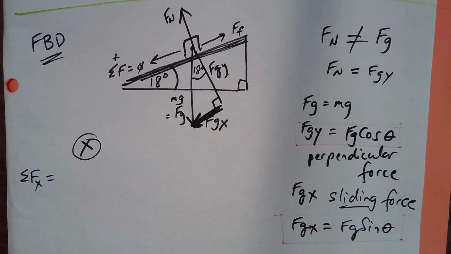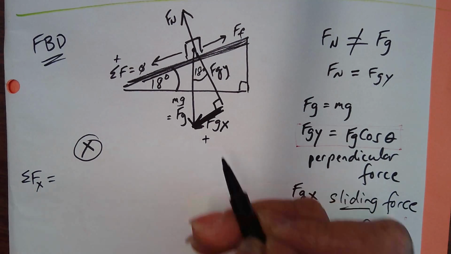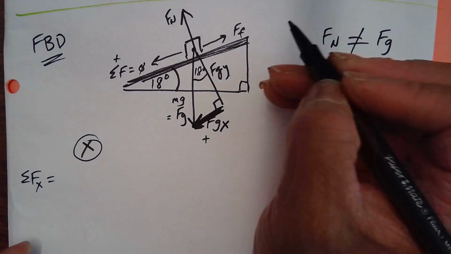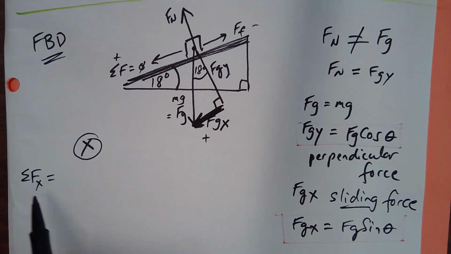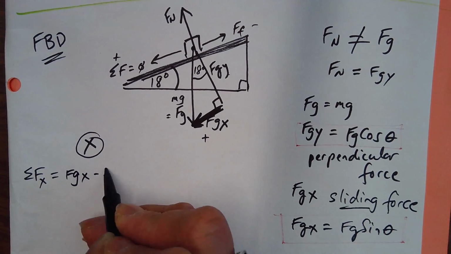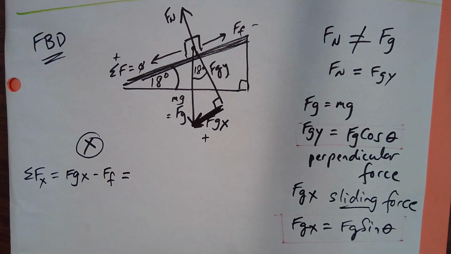Look at all the forces that are going down with the direction of the net force, down as in down the inclined plane. Fg of X is also going with it. What's opposing it? Frictional force. So how do you write the net force on the X? So Fgx minus frictional force equals 0.